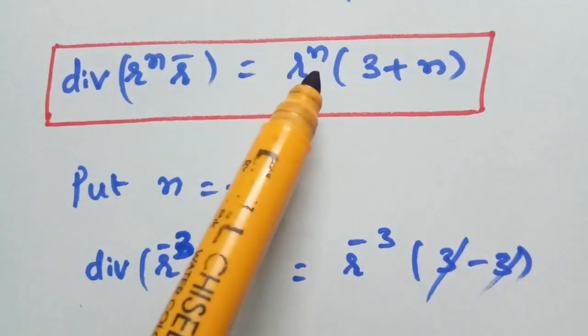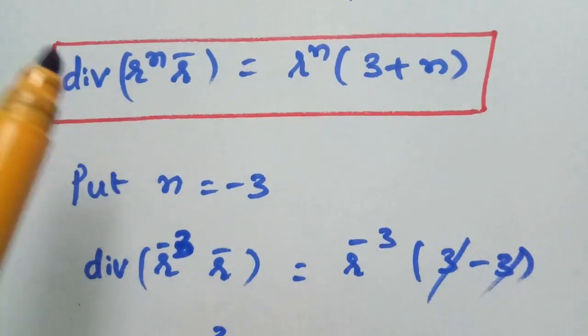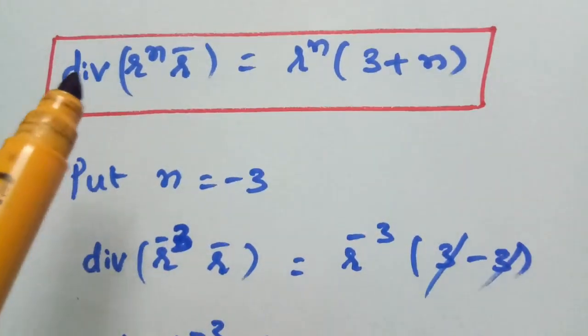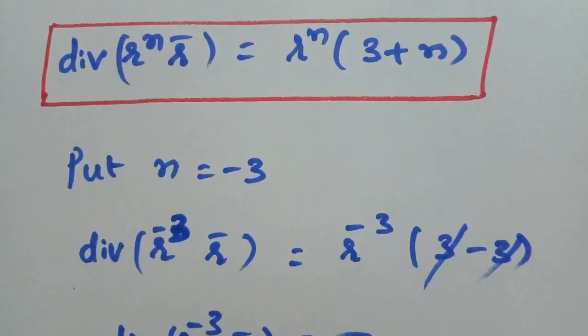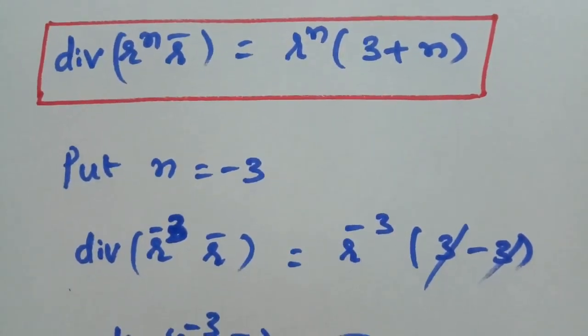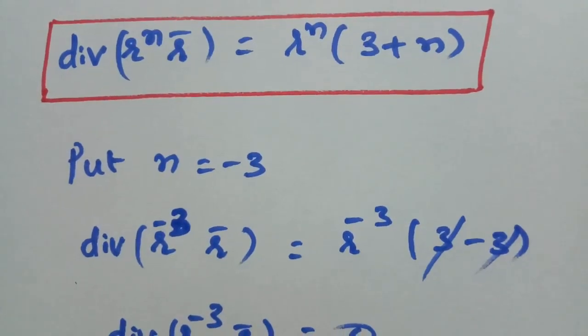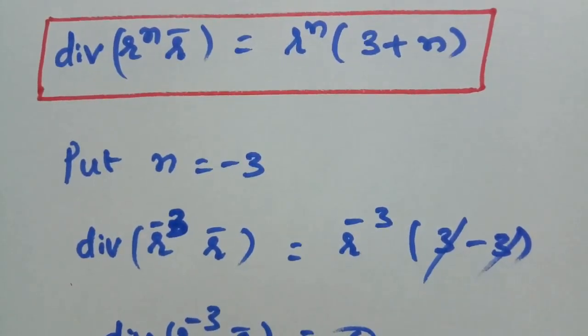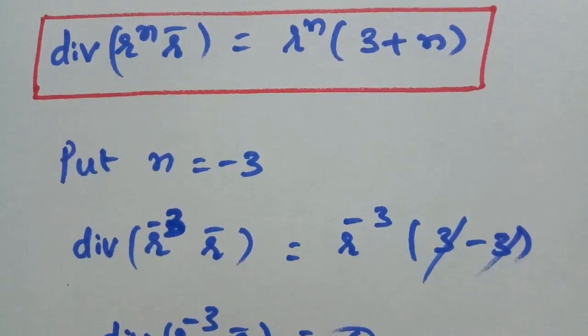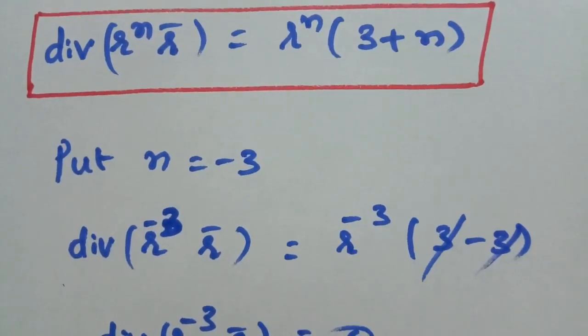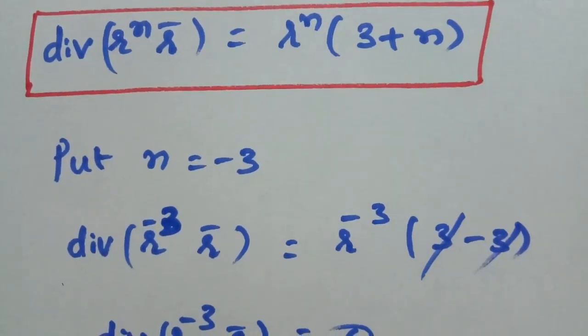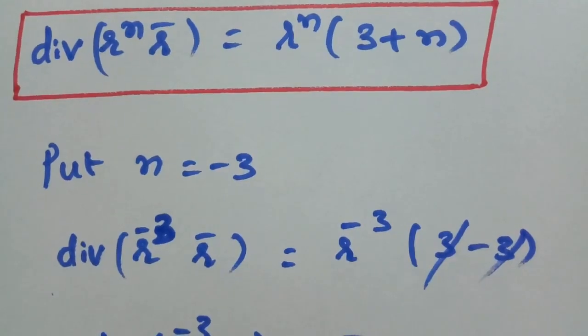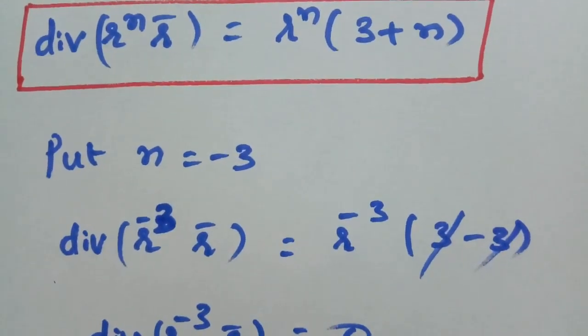So if you substitute n is equal to minus 1 in the above problem, we directly get the answer. So you can proceed as in the previous problem by taking n is equal to minus 1. Here I just write the answer.